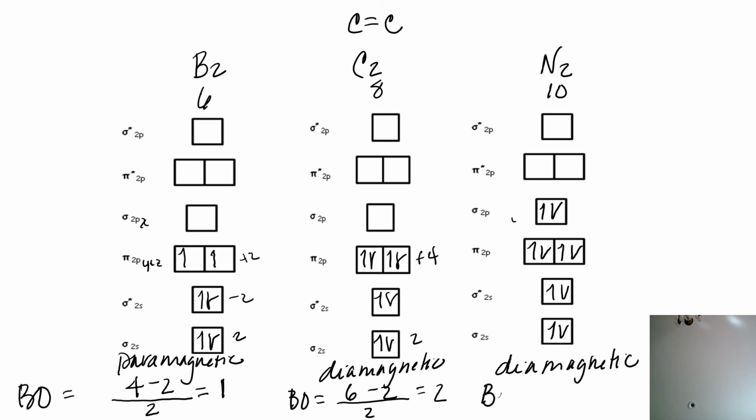And our bond order will be 2 plus 4 plus another 2, which is 8, minus 2, divided by 2, gives us a bond order of 3. So we will have a triple bond here. So in this case we will have a sigma bond and 2 pi bonds.